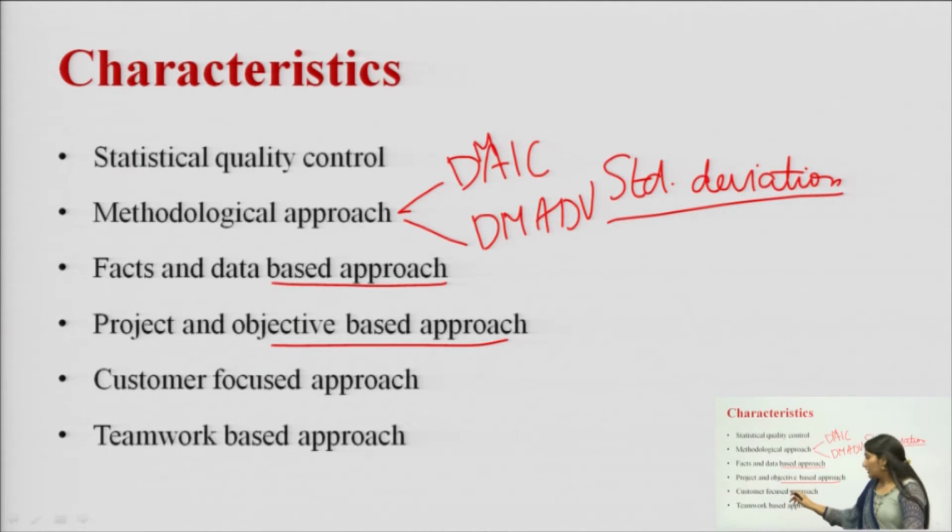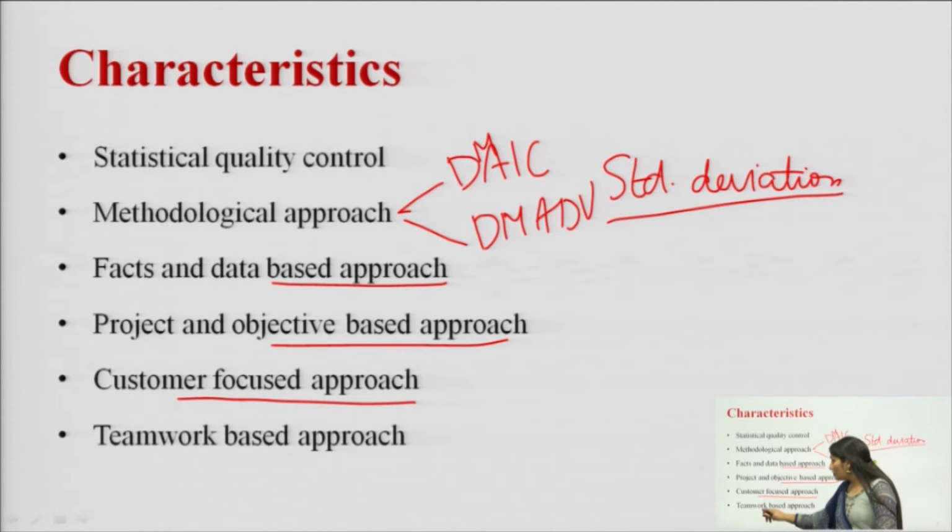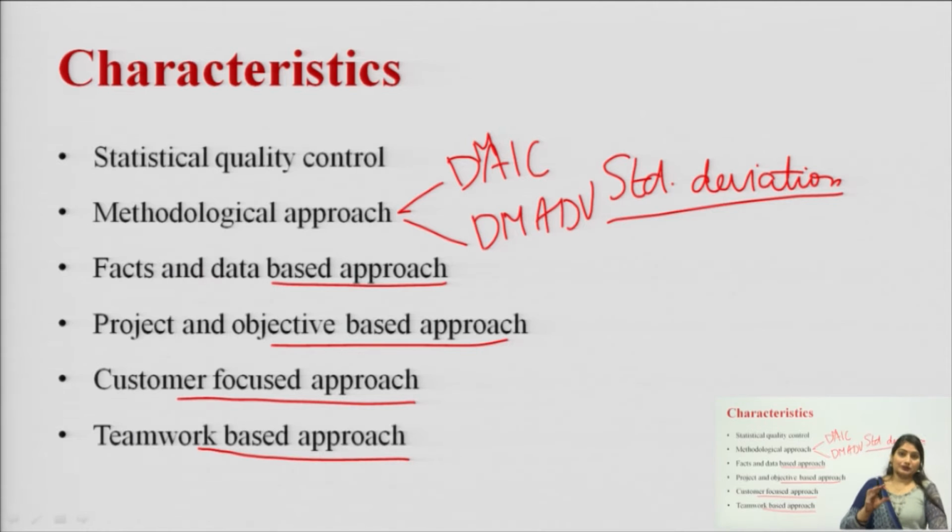Customer focused approach. Six Sigma concept is a customer oriented approach. In this, the focus will be on meeting the customer expectations, on fulfillment of the customer demand. Okay. Next is teamwork based approach. This Six Sigma concept includes teamwork. A lot of members are required in the Six Sigma concept. Okay. And these include 4 types of members: Six Sigma champions, green belt, black belt and master black belt.